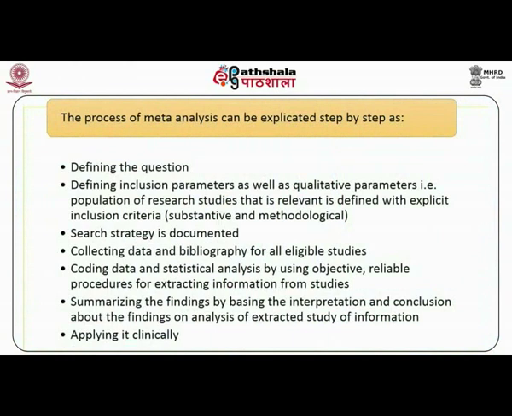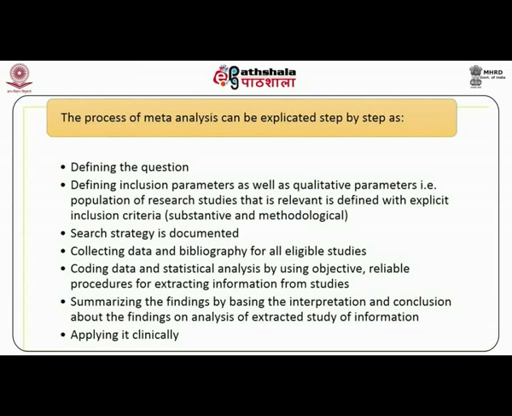The process of meta-analysis can be explicated step by step. First is defining the question. Defining the question includes quantitative parameters as well as qualitative parameters, that is, the population of research studies that is relevant is defined with explicit inclusion criteria, that is substantive and methodological. The search strategy is documented and collection of data and bibliography for all eligible studies is done.